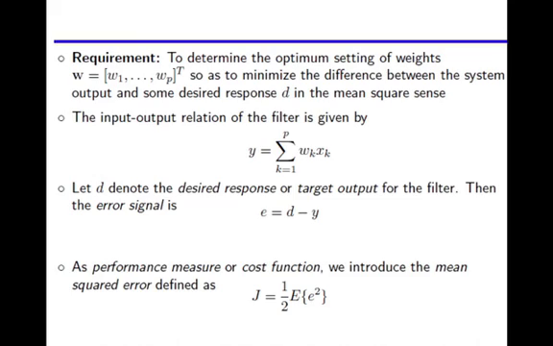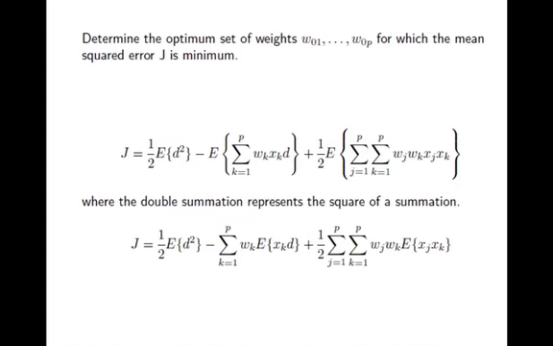So, as a performance measure or a cost function, the mean squared error J is defined, which is half of the expectation of e squared, that's the error signal squared. Now we have to determine the optimum set of weights for which the mean squared error J is minimum.